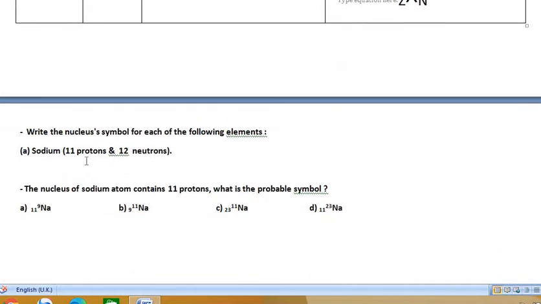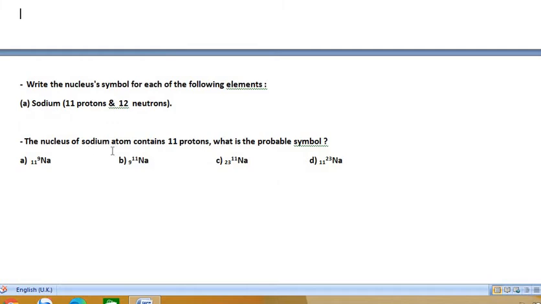For example, if we want to write the nucleus symbol of sodium, the sodium atom contains 11 protons and 12 neutrons. So the symbol is X with 11, and above Na there are 23 particles, the number of protons and the neutrons.